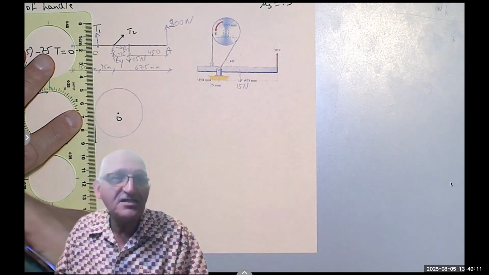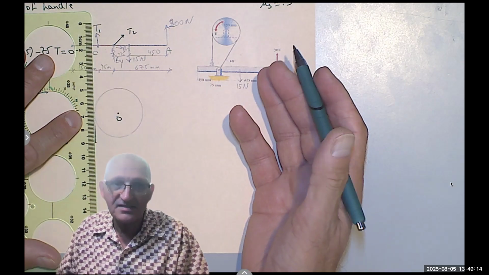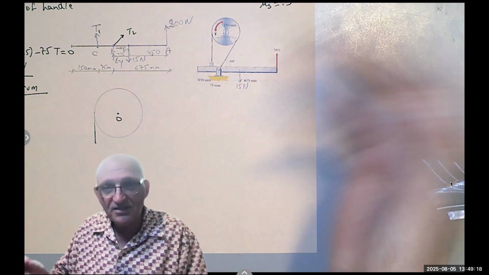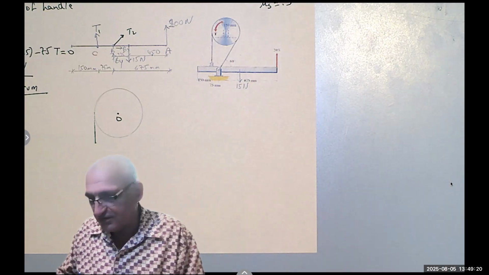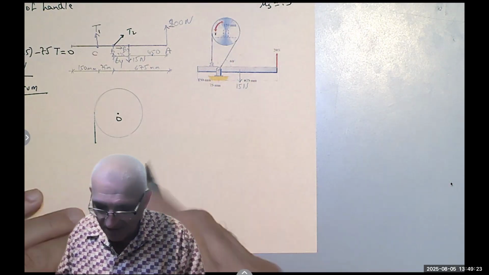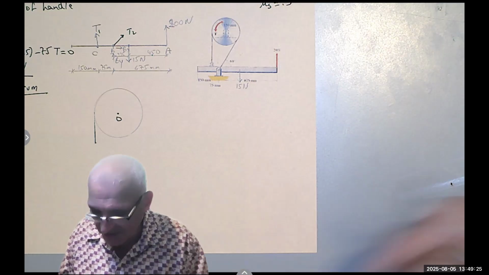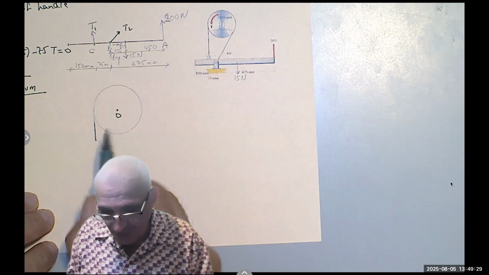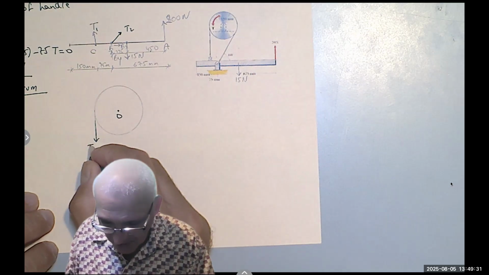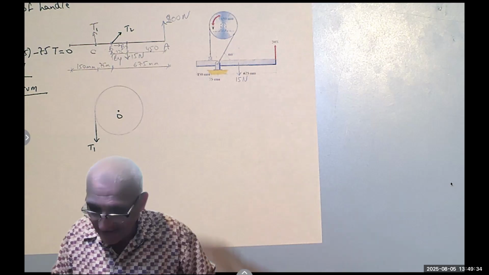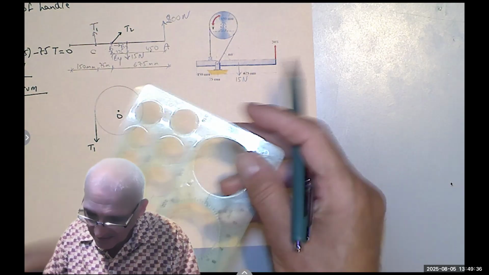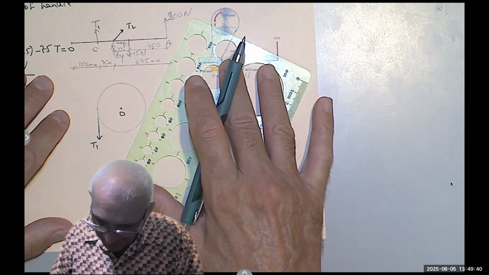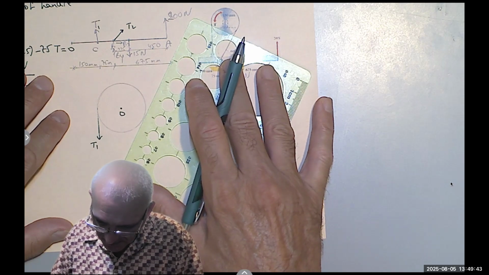If we assume T1 is greater than T2, as I said, some people do it the other way around, but since in the previous part we called the higher one T1, if we are rotating clockwise, this would be the higher, so that would be T1. And here, oops, is T2.